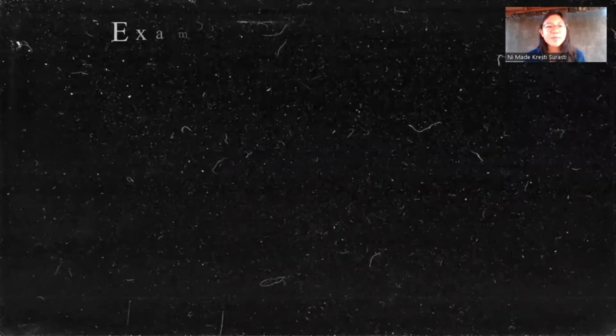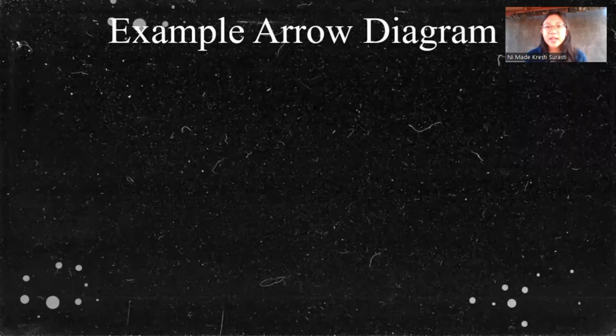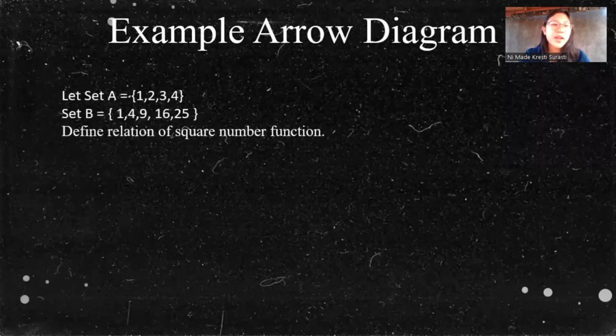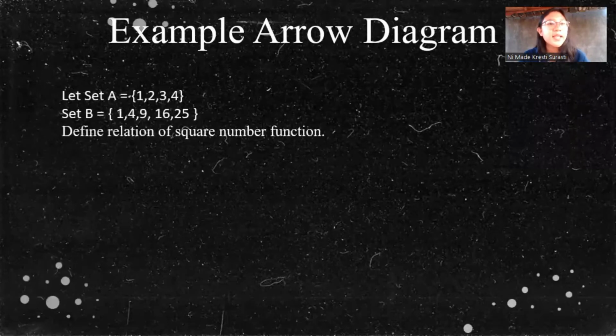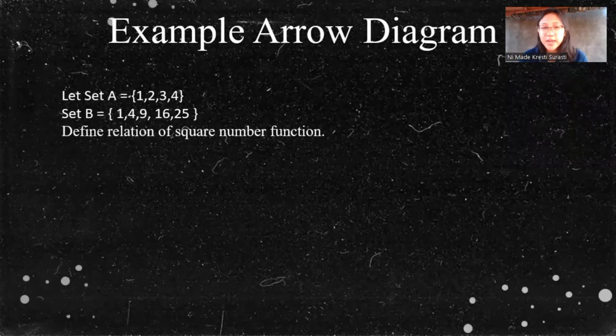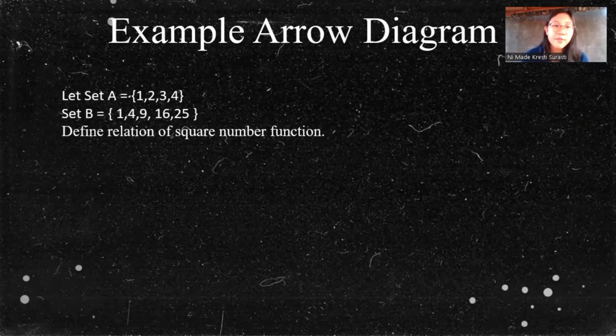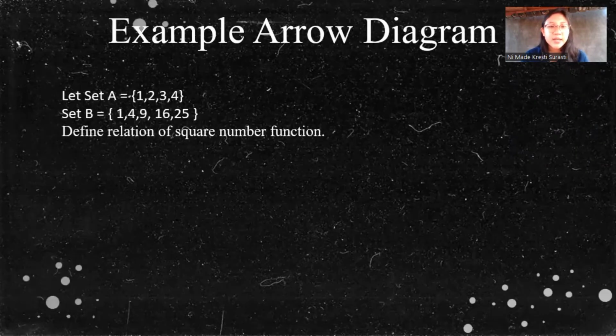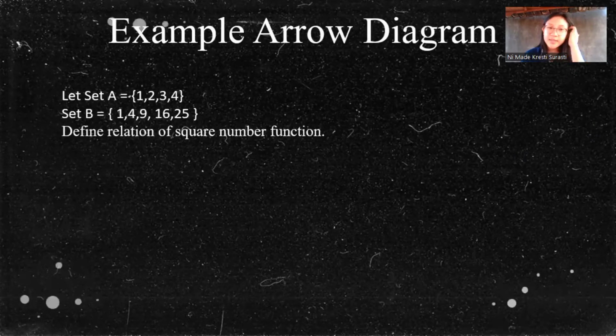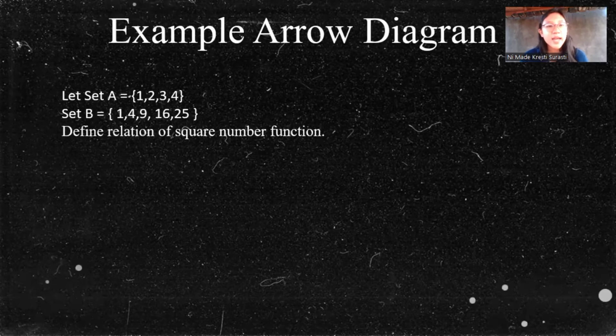Next, we're going to move on to an example of an arrow diagram. There we have set A of 1, 2, 3, and 4, and set B of 1, 4, 9, 16, and 25.